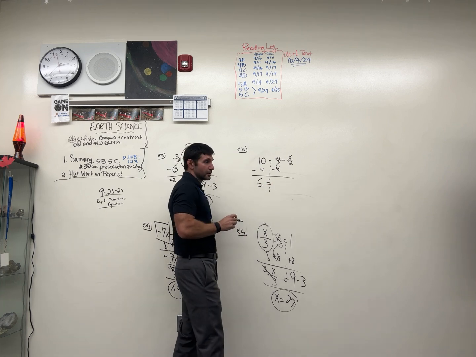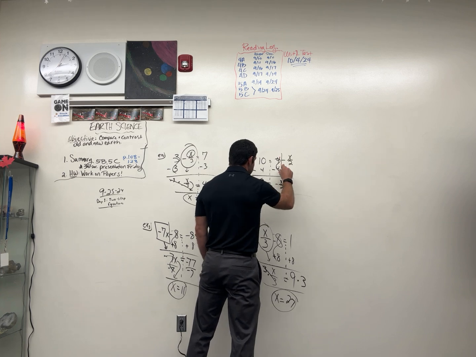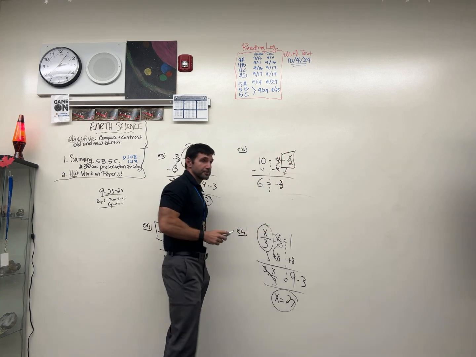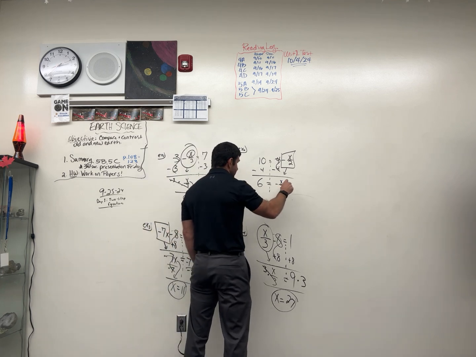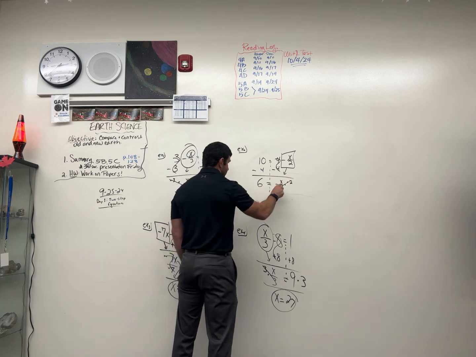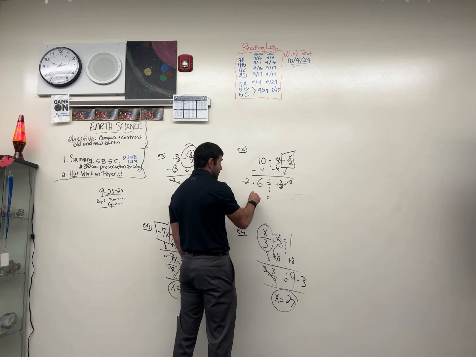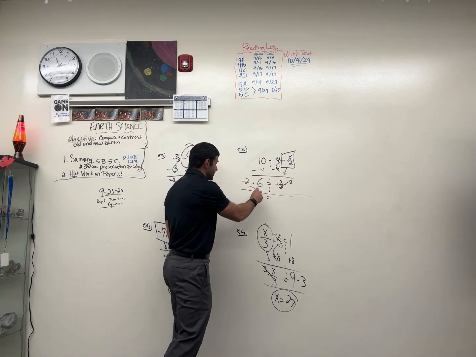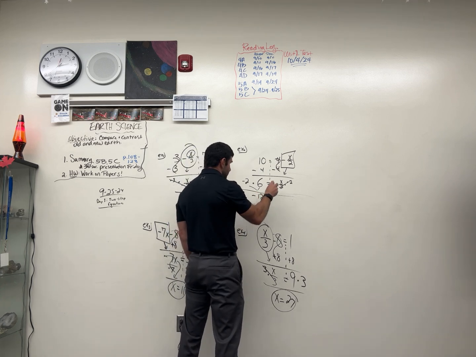And then you're gonna put the negative x divided by 2. That all comes down. And then you're going to times by negative 2, and then do the same to the 6. Very good. What's negative 2 times 6? Negative 12. Equals, what's left over here? X. There it is.